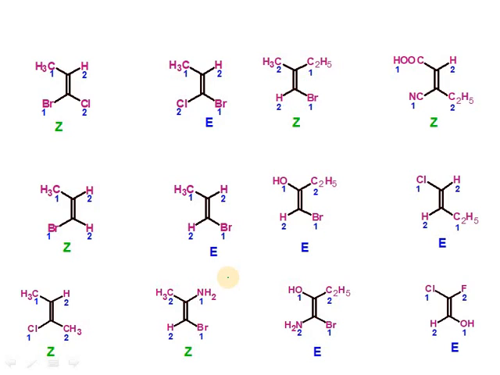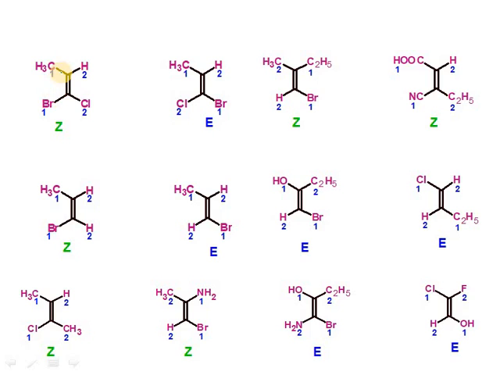Now we will see some other examples for the Z and E notation. In the first example we compare these two atoms. First priority is carbon, second priority is hydrogen. Similarly, bromine is first priority and chlorine is second priority, because the atomic number of bromine is higher than chlorine.